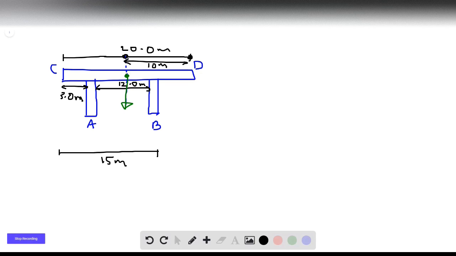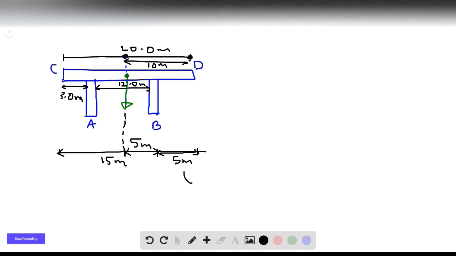It simply means that the distance from B to D is going to be 5 meters, because the entire distance is 20 meters. So the other distance of interest is from the center up until wall B. That's going to have to be 5 meters.